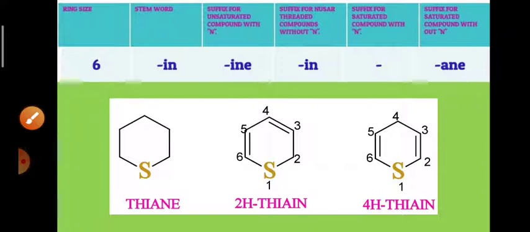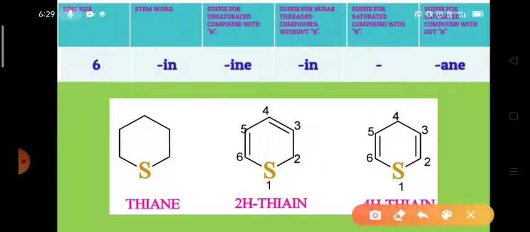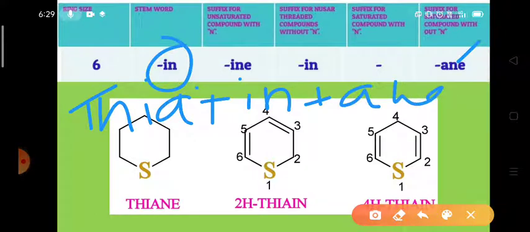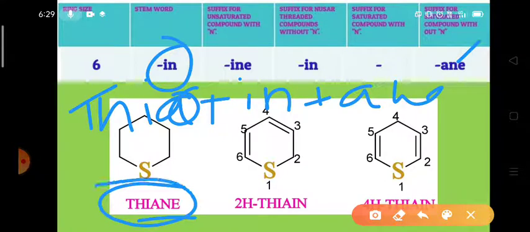And these are some heterocyclic compounds of sulfur with ring size 6. So for the sulfur heteroatom we would use the word thia. For 6 member we would use ine, thiine.